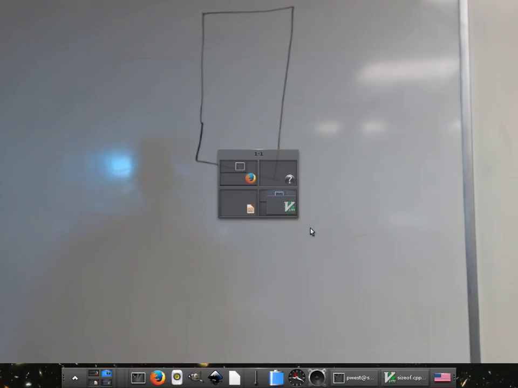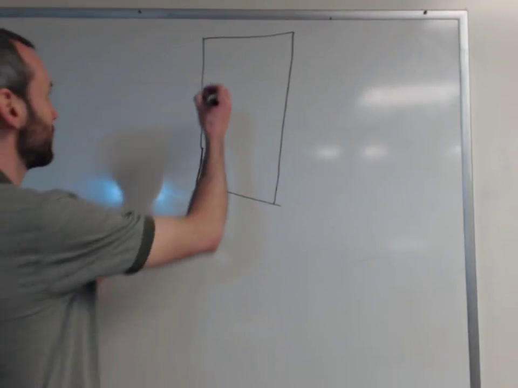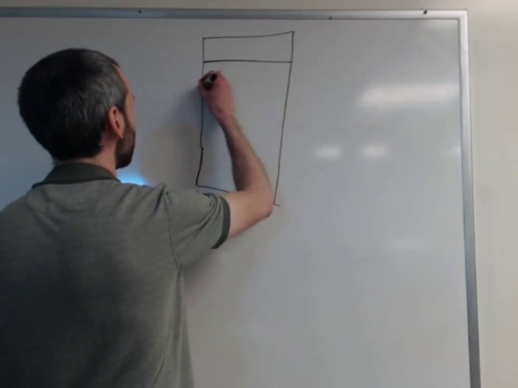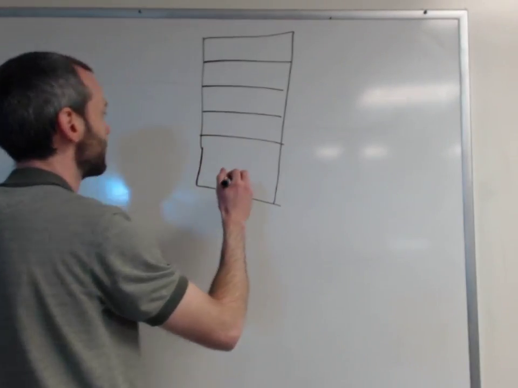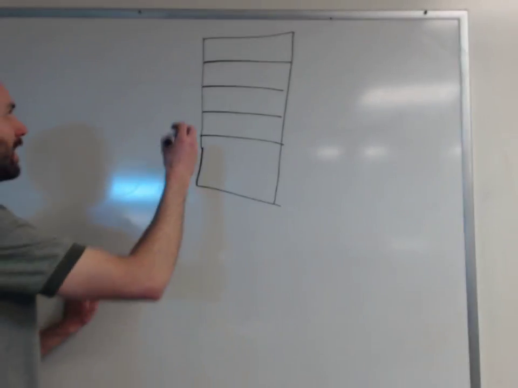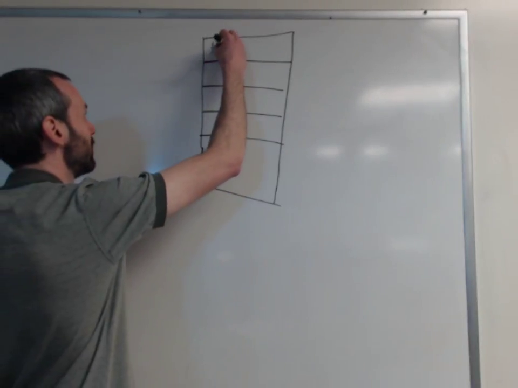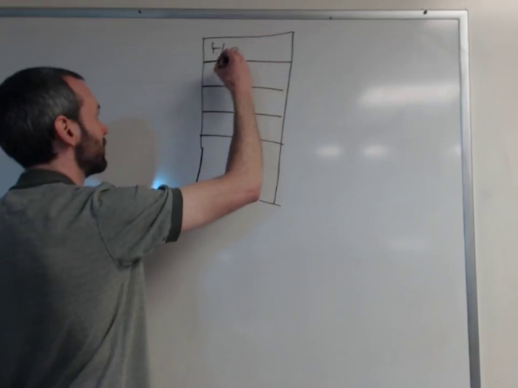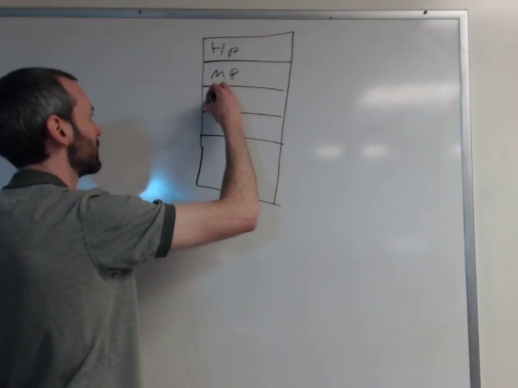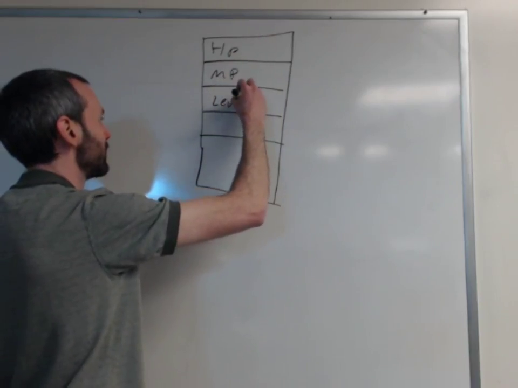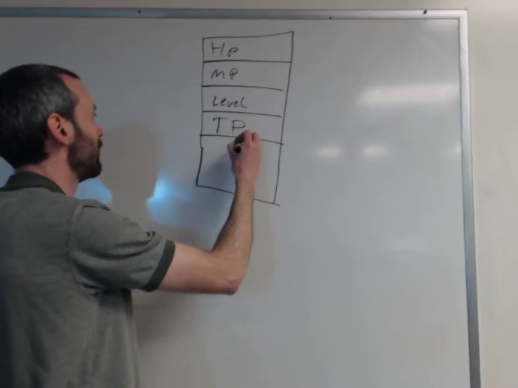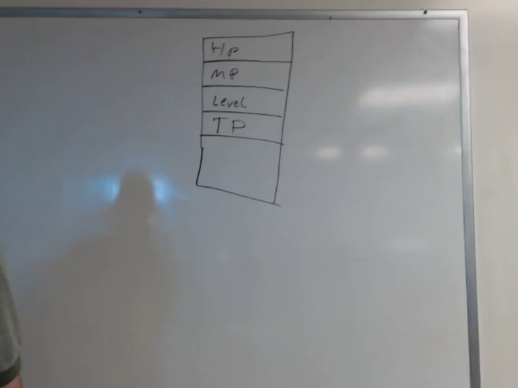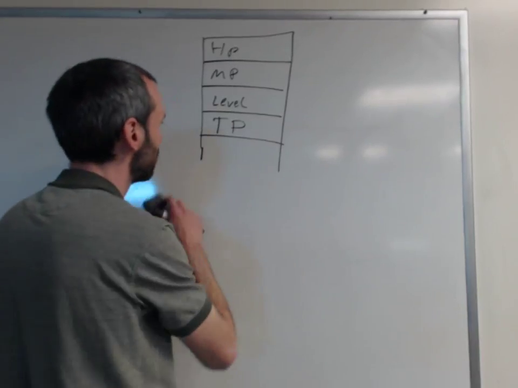So, in other words, this line has to be 4 bytes, this line has to be 4 bytes, and so on. So if we're trying to make up a dragon, HP would be these 4 bytes, MP would be these 4 bytes, level would be these 4 bytes, and then the good old TP, these trade points, would be these 4 bytes.